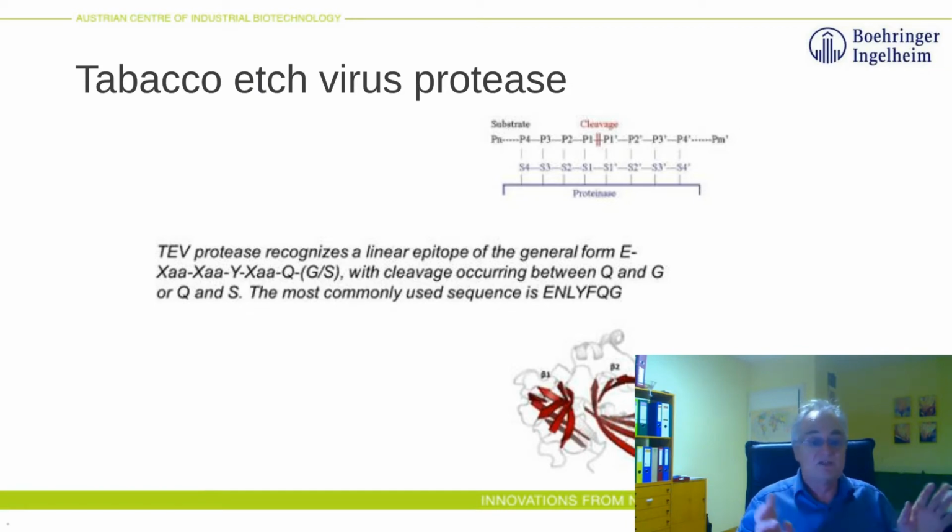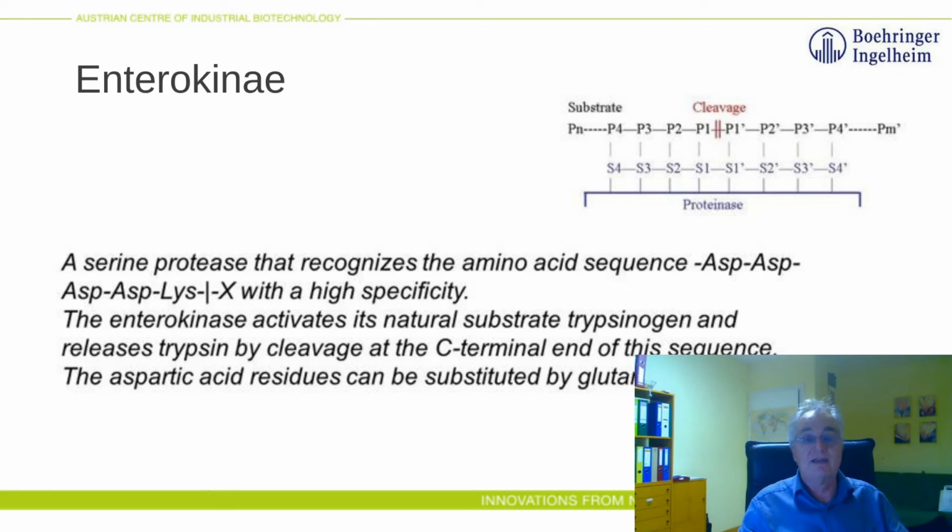It is very commonly used in small scale, but not in industrial or preparative scale because the enzyme is terribly expensive. Then we have the enterokinase. It's quite interesting. It recognizes a certain amino acid sequence, what you see here, with relatively high specificity.